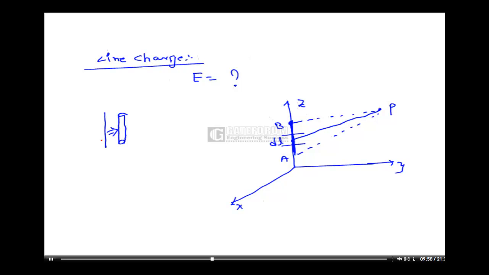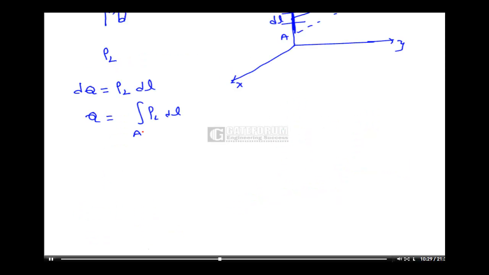So here line charge density is rho L. Therefore, the small charge dq is given by rho L into dl. That is, the small charge element is rho L dl. So total charge q is nothing but integration rho L dl from A to B. If you integrate rho L dl from A to B, you will get the total charge.